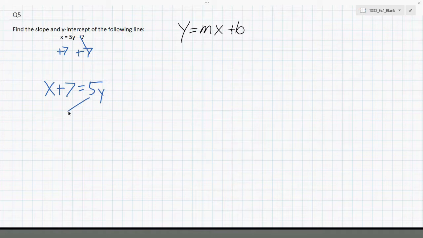And we're just going to flip their positions now, because if we just flip them, both of them can stay the same positive, right? You with me on this? Okay, so 5y equals x plus 7.